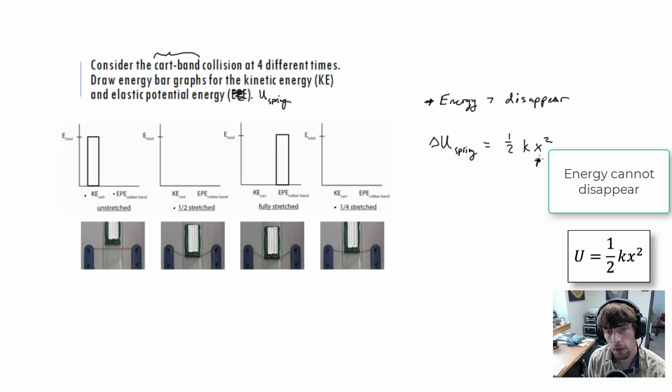Quarter, I should say. If it's only halfway stretched, that means that I should draw something that's 1/4 the size of this big bar. Okay. So evidently, I'm going to do something like this. I'm just eyeballing it. That's about 1/4. And the kinetic energy still accounts for 3/4. Something like that.